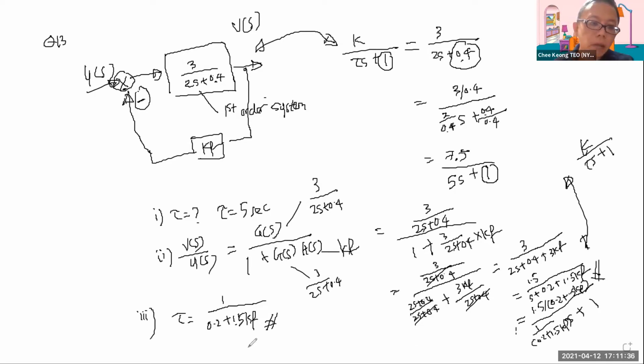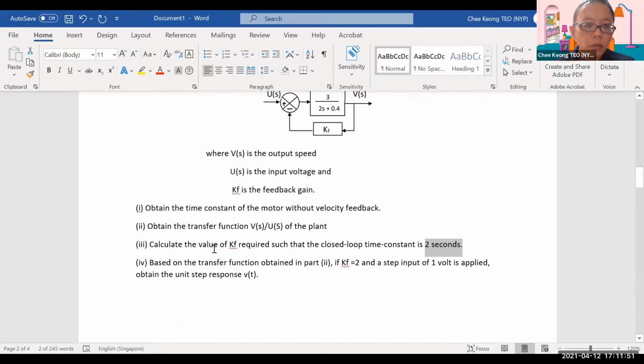Then, did we actually solve it already? Let's look at the question again before we get carried away. They say, what is the kf required such that the time constant is 2 seconds? So not finished yet. Back to the whiteboard.